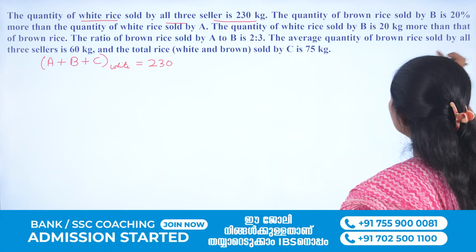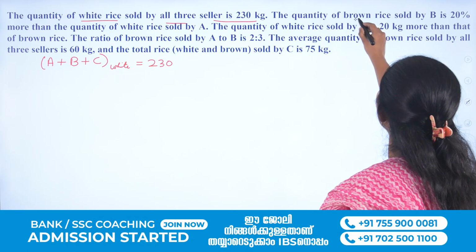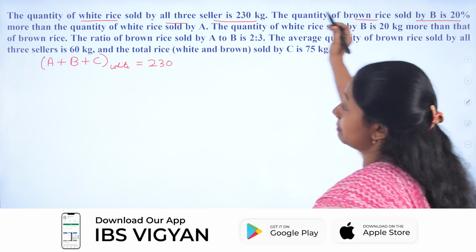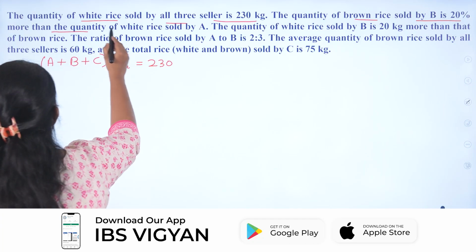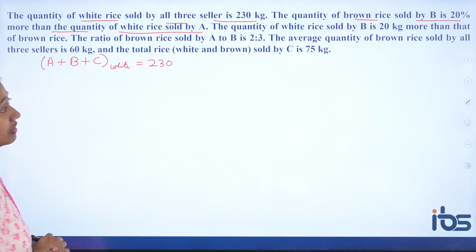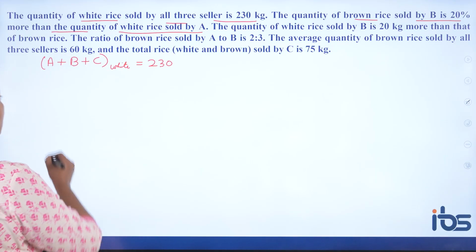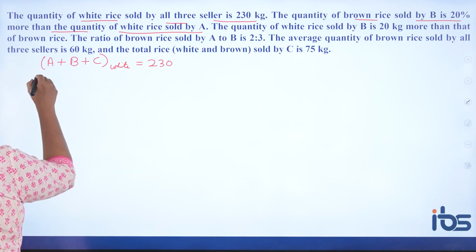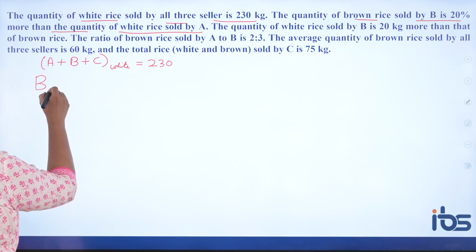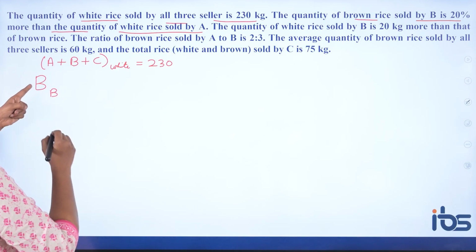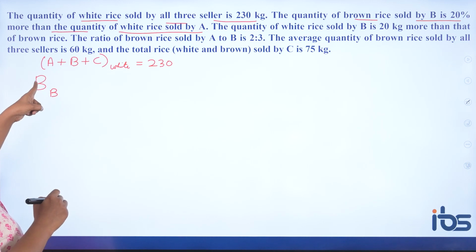Next, the quantity of brown rice sold by B is 20% more than the quantity of white rice sold by A. B is the seller and I am using subscript B for brown.